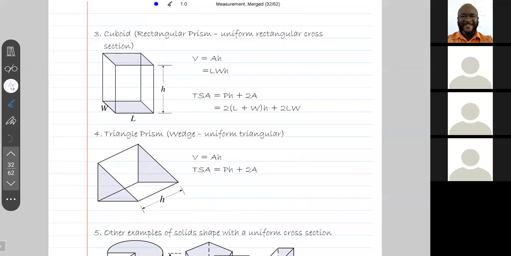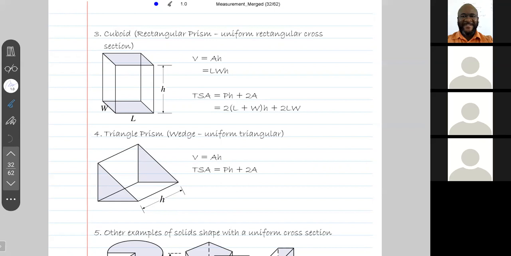So this is called the cuboid. Another name for the cuboid is the rectangular prism. The cuboid is a solid shape with a uniform rectangular cross-section. The volume is equal to A times H. The A there stands for the area of the uniform cross-section, which is a rectangle.